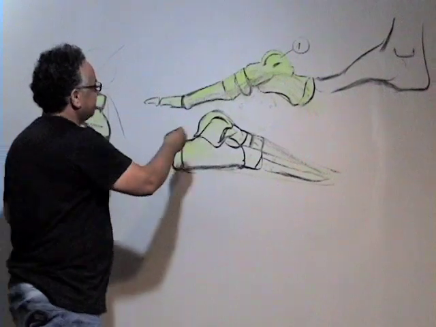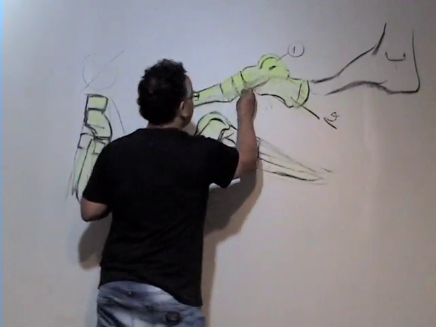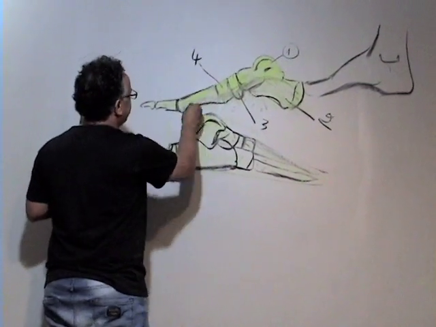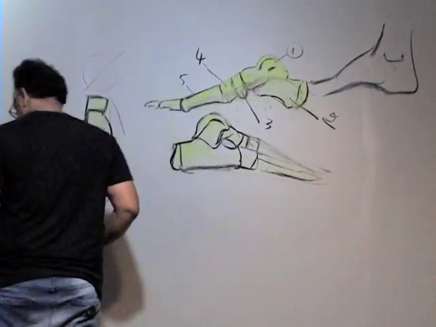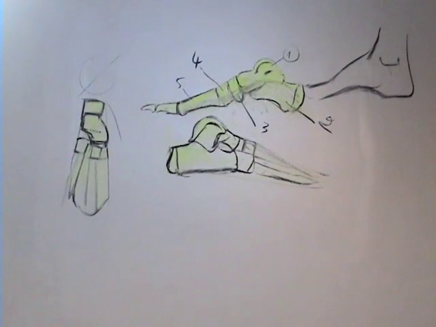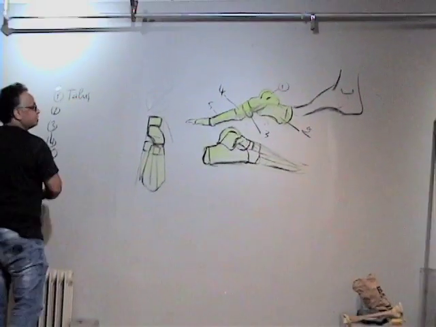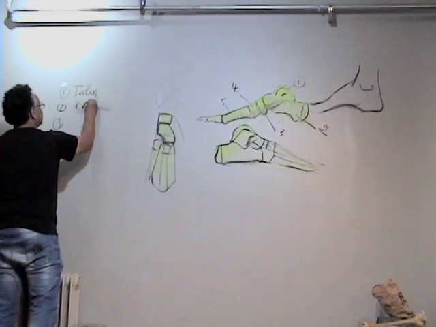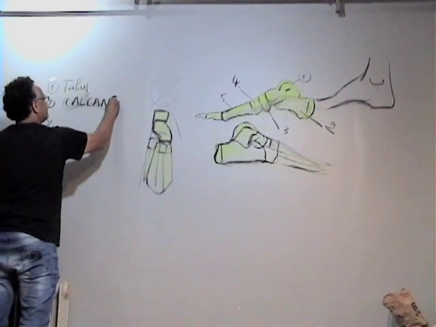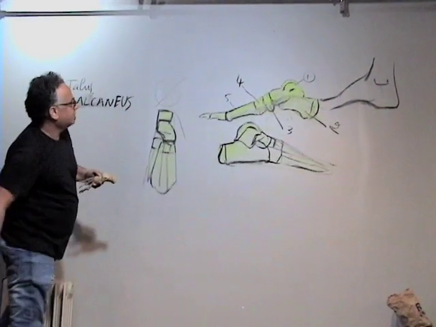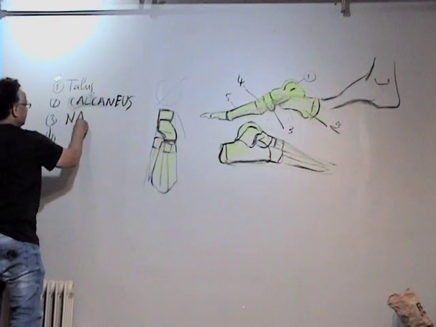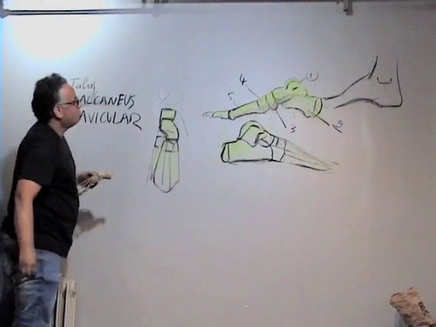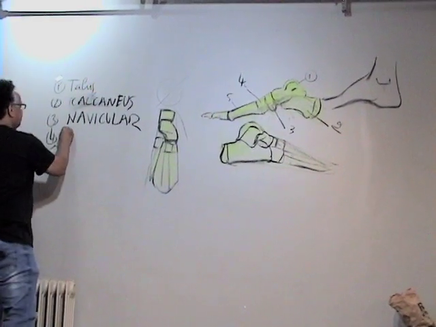Now the names. So 2, 3, 4, 5. 2 calcaneus. 3 navicular. 4 first cuneiform.